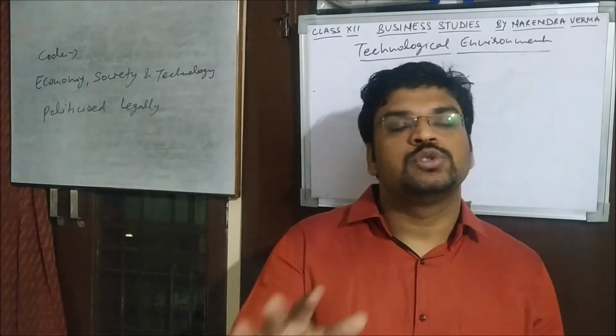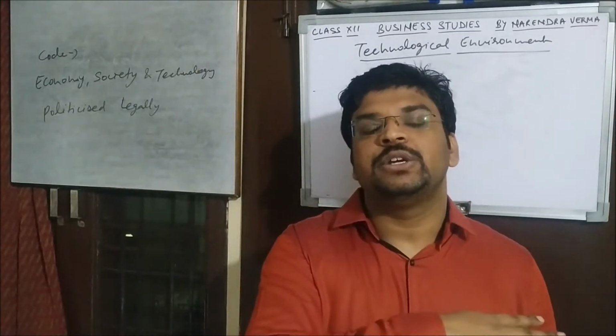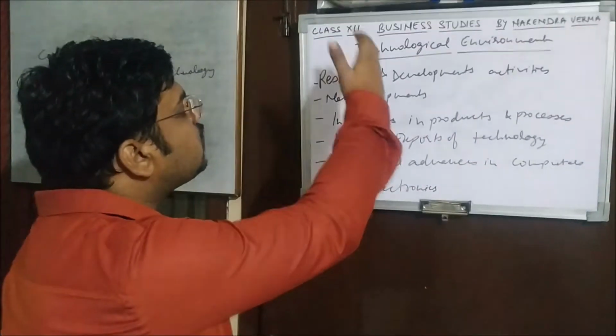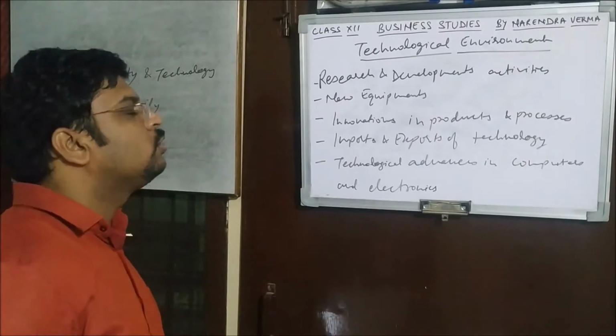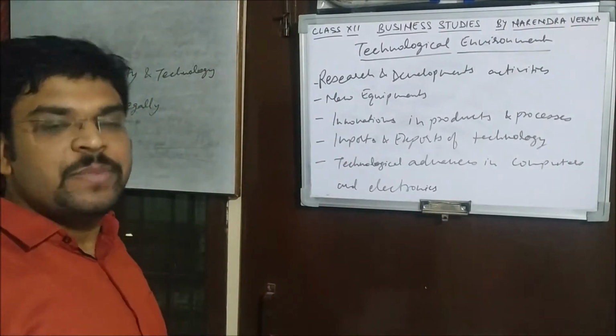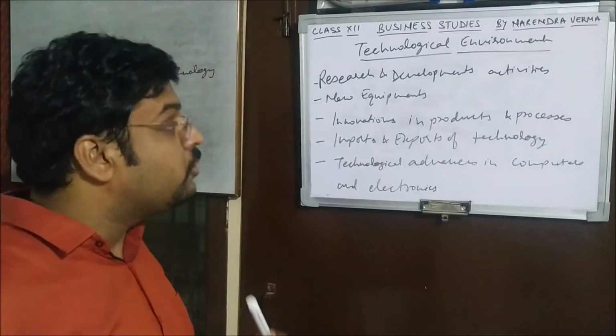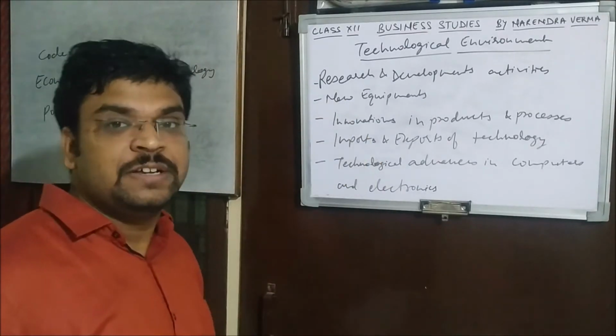So I am going to write down the factors related to the technological environment, then we will discuss them. These are the factors of the technological environment. First, research and development activities. You know very well that all the big companies have a department particularly known as the research and development department.